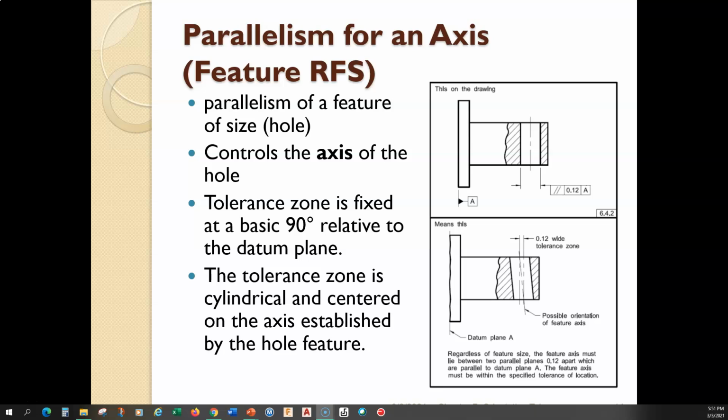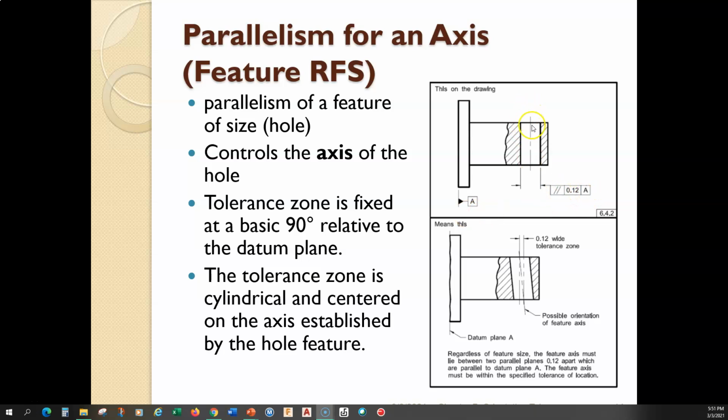All right. Again, we'll look at parallelism for an axis. Again, a feature of size. The size of the hole has the parallelism tolerance feature control frame associated with it.